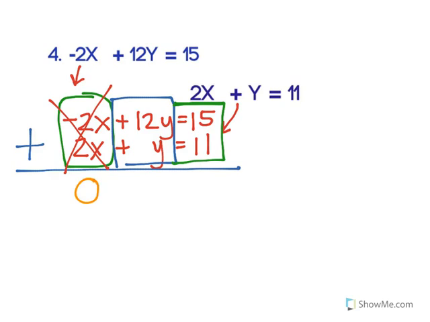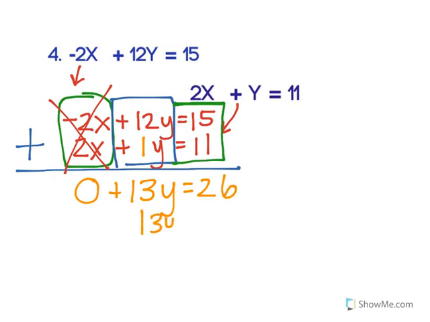Positive 12y plus 1y is going to leave me with 13y. And 15 plus 11 is going to leave me with 26.